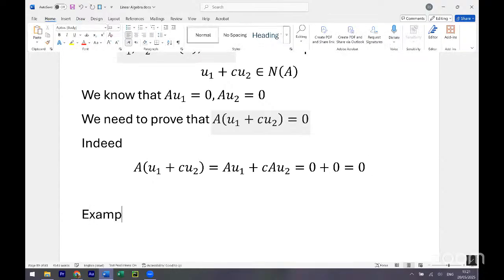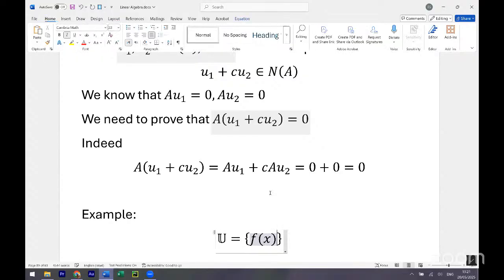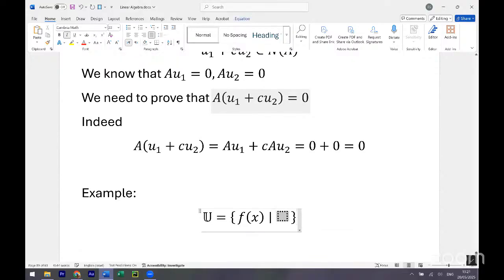Another example. Take U to be all the functions f of x from R to R. Tell me if you learned this in discrete mathematics. I think that's an easier notation.